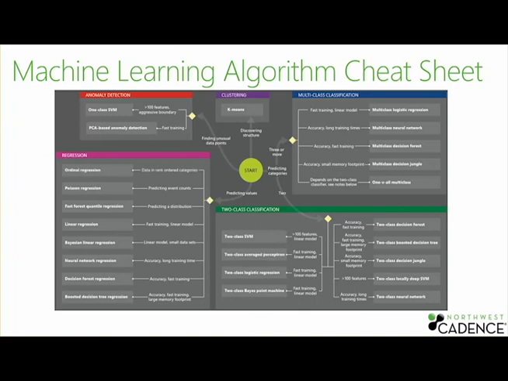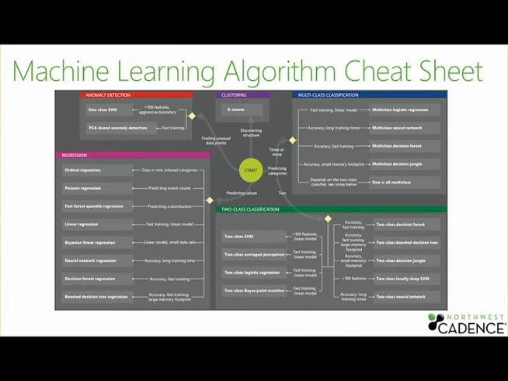But the great thing about Azure Machine Learning Studio, that I like anyway, is it's built for experimentation. So if you don't know, you just experiment until you find which one works right for you. And just so everyone knows too, this cheat sheet can be found on the Microsoft website, right? This is publicly available. Anyone can find it there.